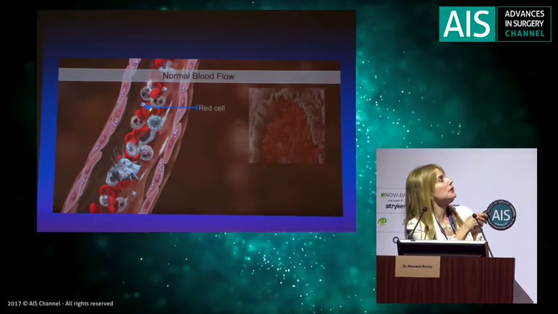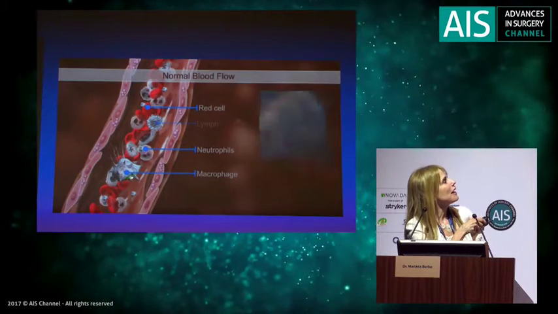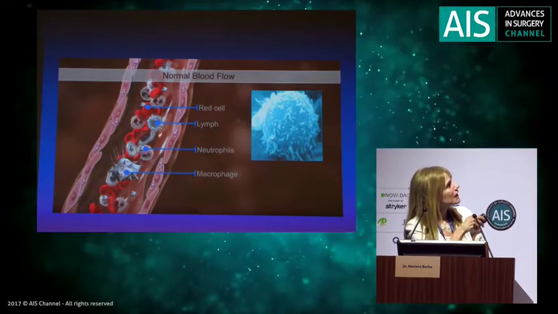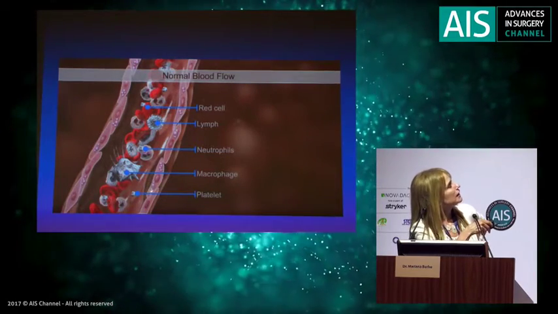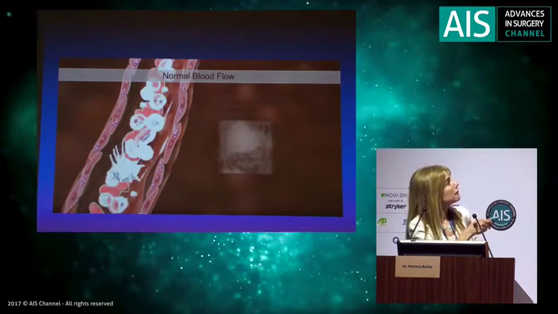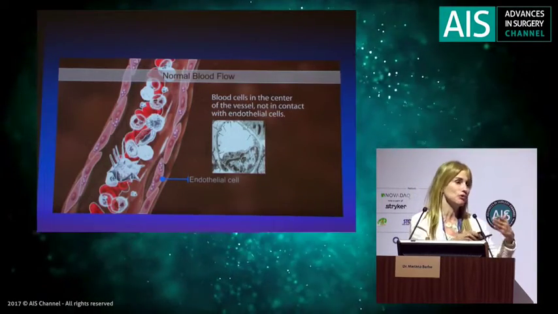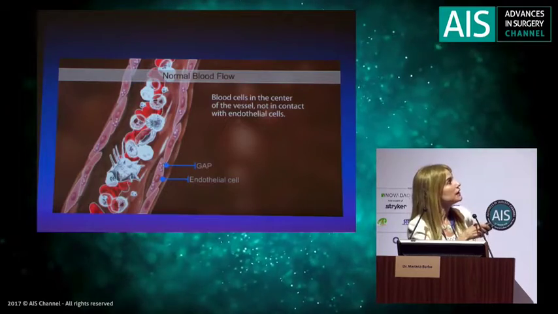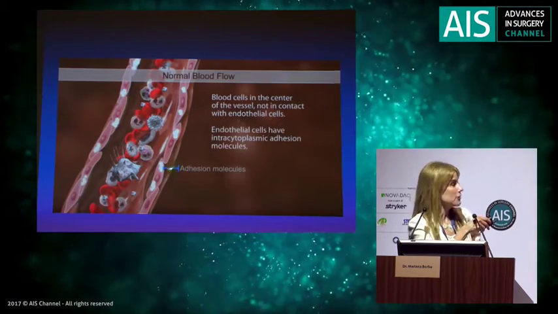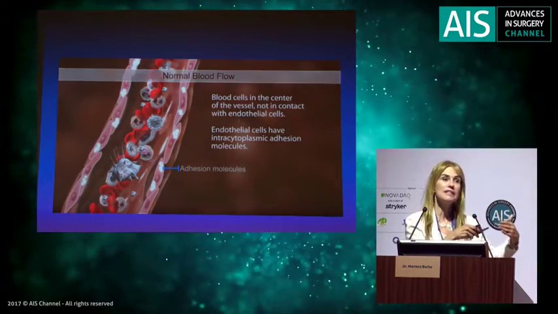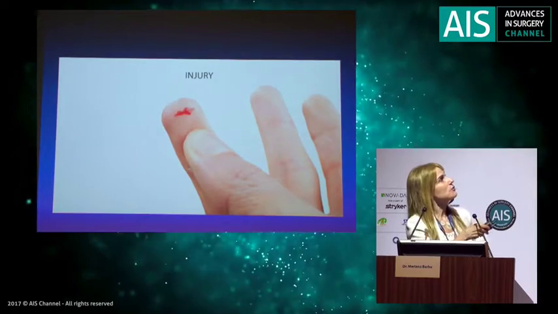We are all familiar with the blood elements: the red cell, the neutrophil, macrophages, lymphocytes, platelets, and of course we have the endothelial cell. The endothelial cell is one of the most important cells to start the wound healing process. It has adhesion molecules, and what is important is that in a normal state they are inside the cytoplasm. Let's see, we have an injury.